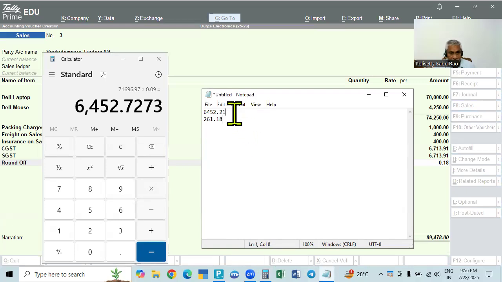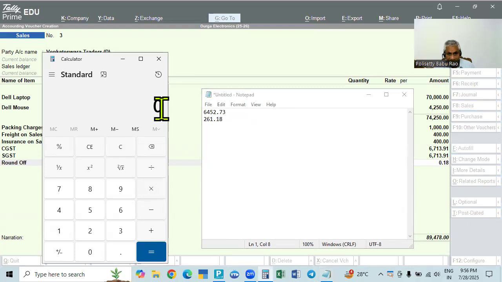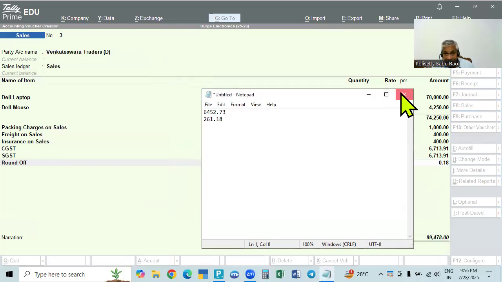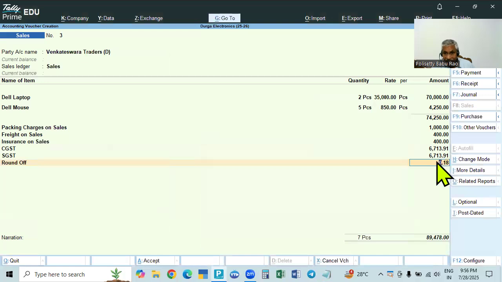This is the mistake we made. Okay. So 6,452.73 plus 261.18, total amount is 6,713.91. In the calculation, we made a mistake. 6,713.91 will be the total CGST, and SGST is the same thing.